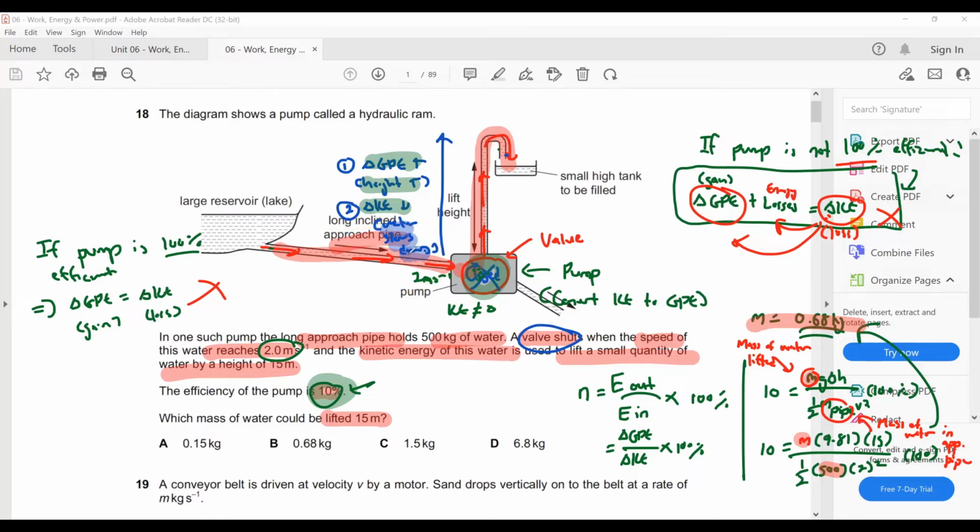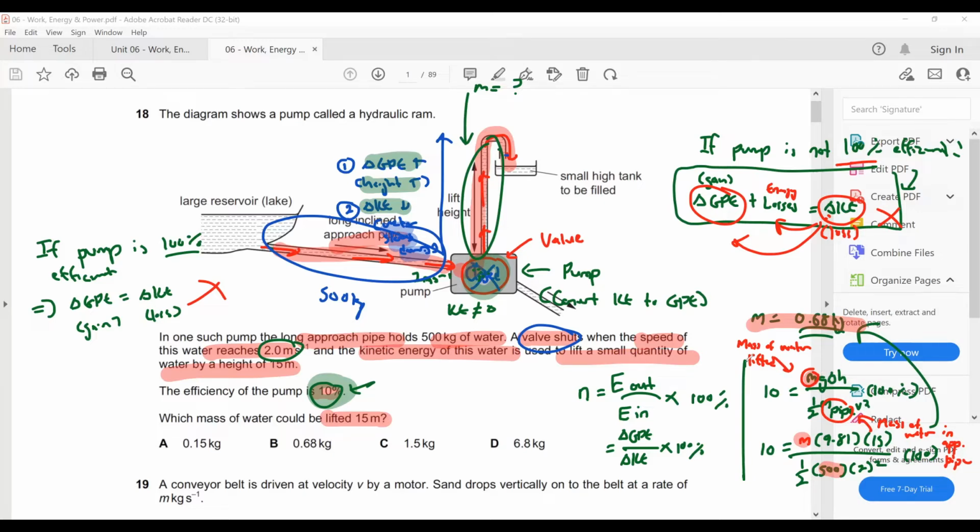The 500 kg is here. Okay, your 500 kg is here inside your approach pipe. The mass of water that is lifted up is here. This is your m that you want to find.